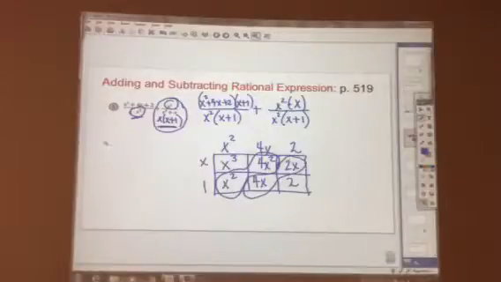So our new numerator will be x cubed, right there. Then 4x squared plus 1x squared is 5x squared. 2x plus 4x is 6x plus 2. That will be the new numerator on our left fraction.